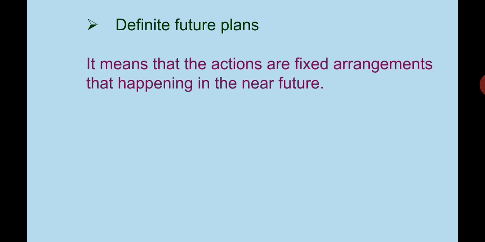Let's move on. The next use of the present continuous tense is definite future plans. What are definite future plans? It means that the actions are fixed arrangements happening in the near future.